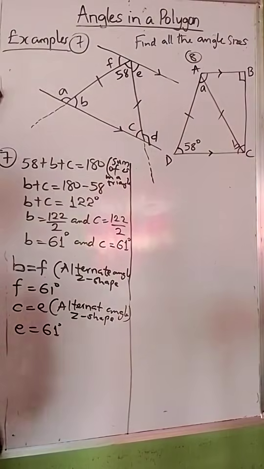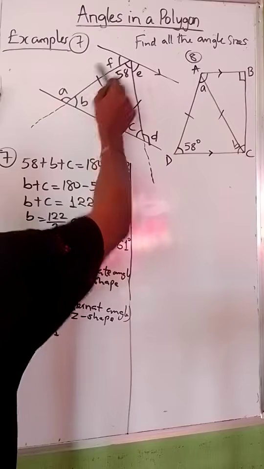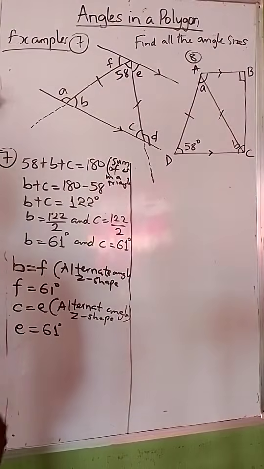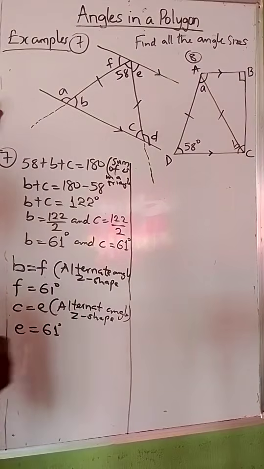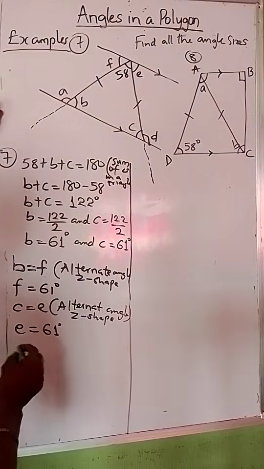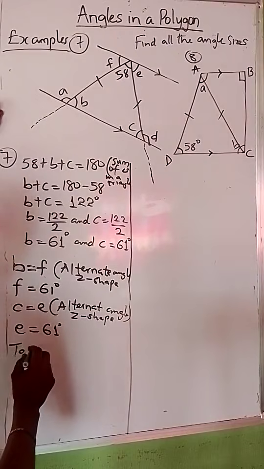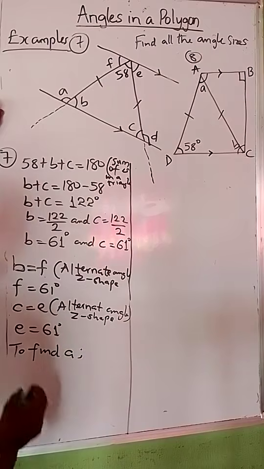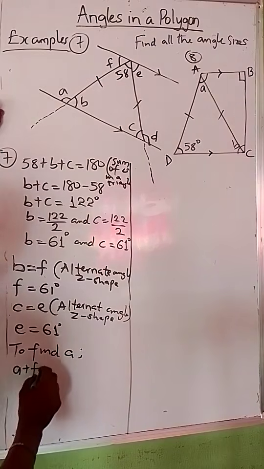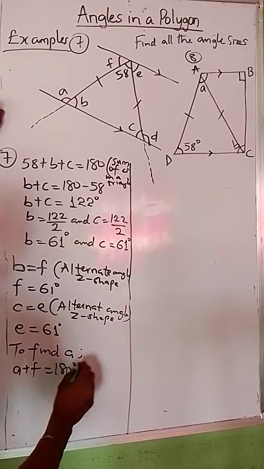So you have gotten our F and E, and what about our D and our A? To find A, we can say A plus F equals 180 degrees. Why?